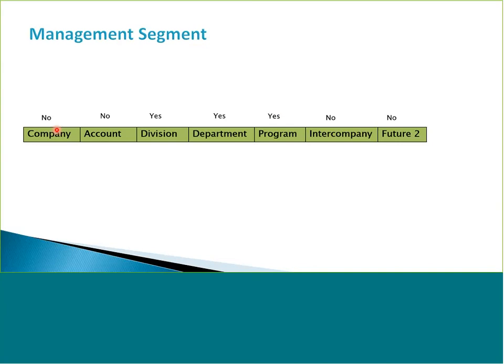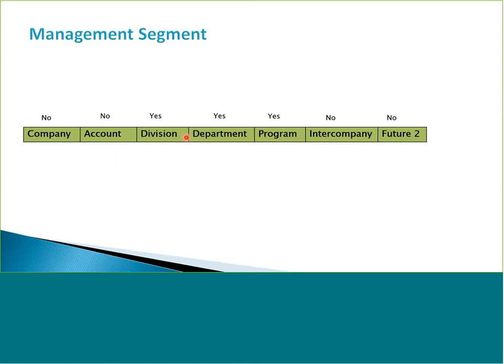So this is our chart of accounts structure. Basically what this says is that the balancing segment, which is the company, cannot be used as the management segment, neither can this.